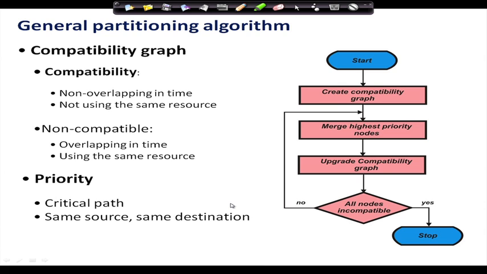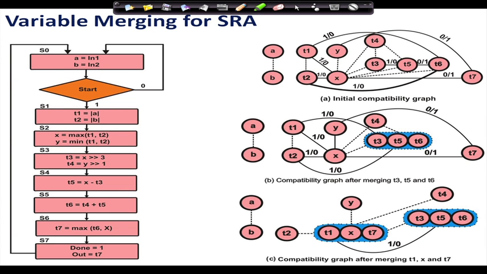Now, when we talked about the compatibility graph, there were some confusions, so let us work it out once again today. For the compatibility graph, first we have to identify the incompatibilities. My objective of using the compatibility graph now is to look at variable merging, how I can combine the variables.